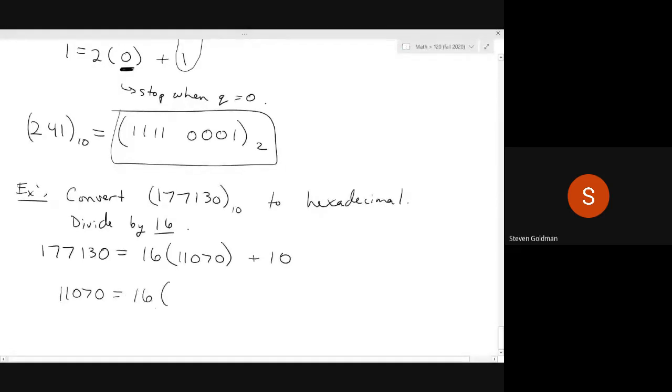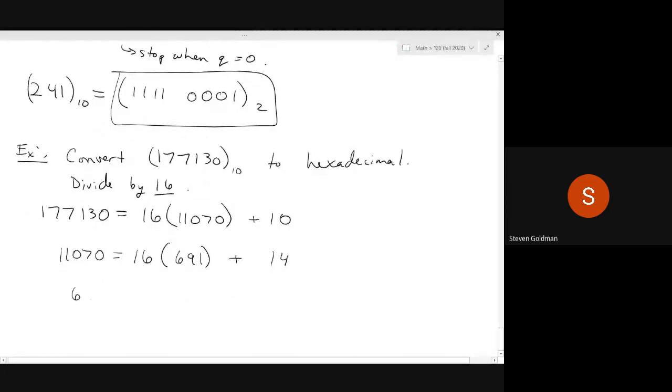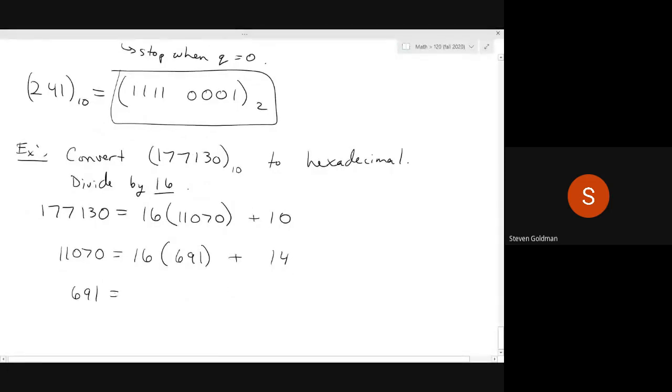Again, divide by 16. 16 will go into that number 691 times, plus a remainder of 14. If I divide 691 by 16, I get 43 times, plus a remainder of 3.